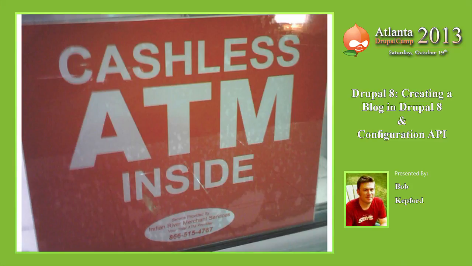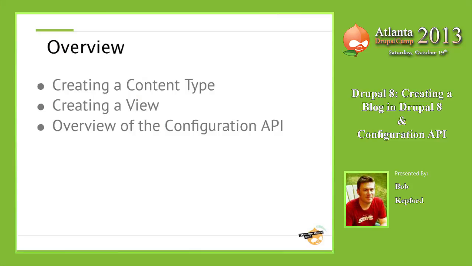And we're not going to be talking about the backend and Symfony components that have been added. We're going to be talking about building stuff with Drupal 8 today and what you can do. So we're going to cover creating a content type, creating a view, and I'll briefly cover just kind of a high overview of the configuration API.